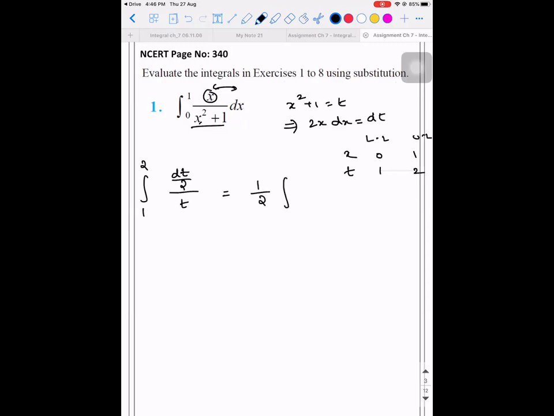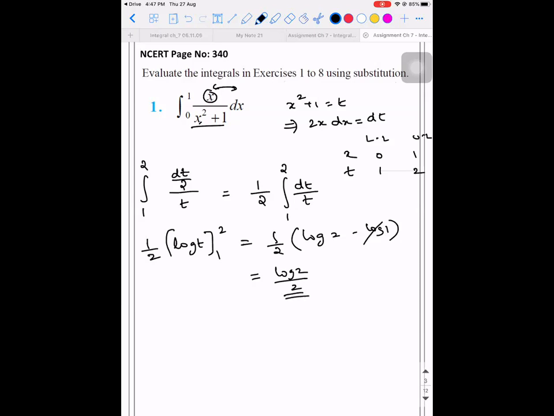So 1 by 2 into the integral of dt divided by t from 1 to 2. So 1 by 2 into log t between 1 and 2. So 1 by 2 into log 2 minus log 1. Log 1 is 0, so you will get log 2 divided by 2.